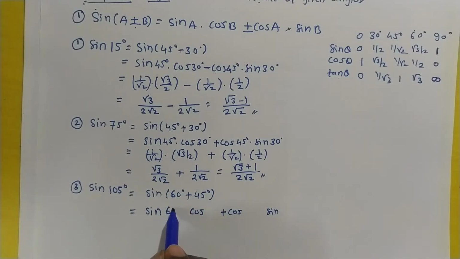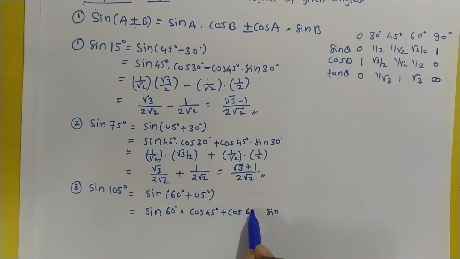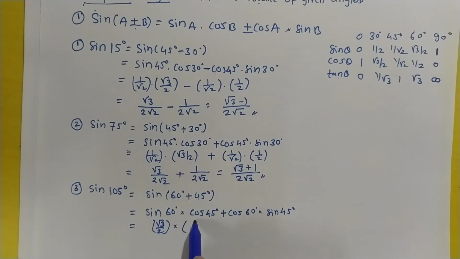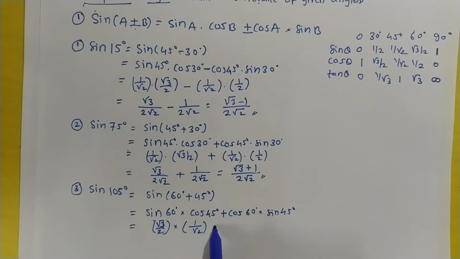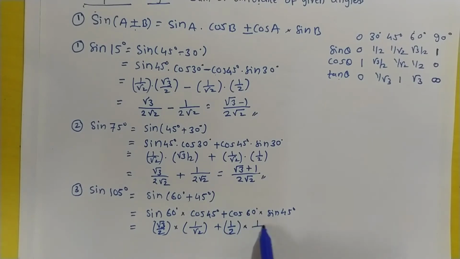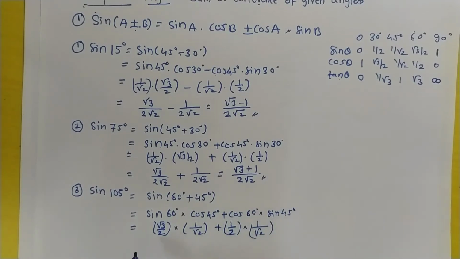So sine of 60 degrees, cos 45 degrees, then cos 60 degrees, sine 45 degrees. We know the values: sine 60 degrees root 3 by 2, cos 45 1 upon root 2, plus cos 60 degrees 1 by 2, sine 45 1 upon root 2.